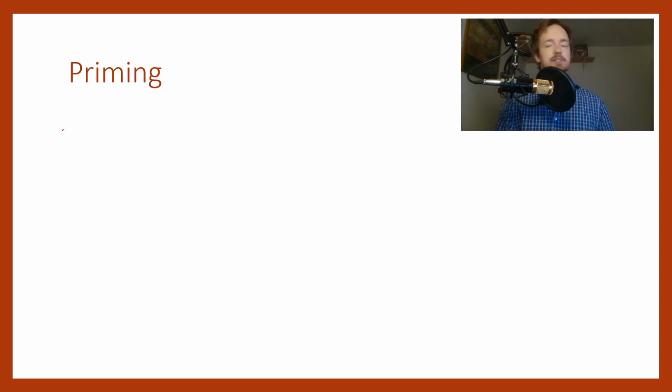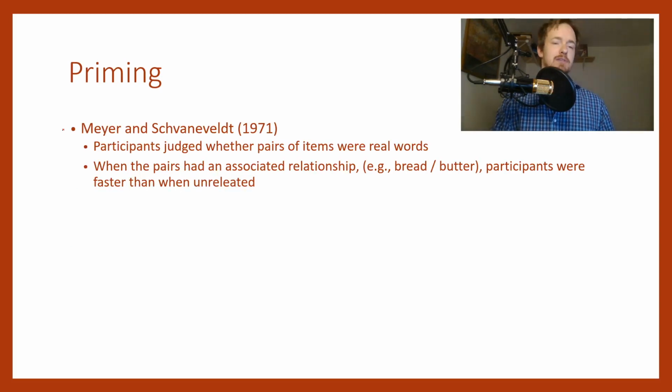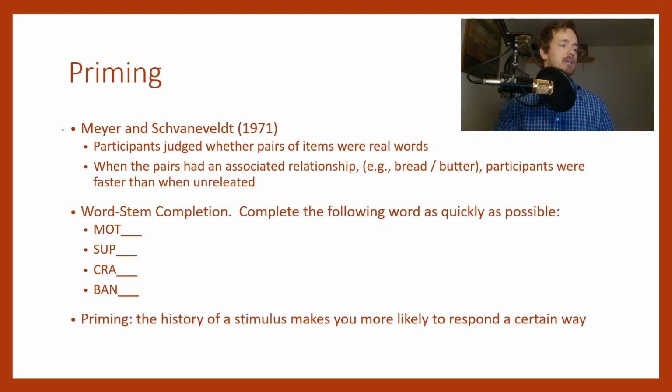All right, so where we left off last chapter, we were talking about priming, and I mentioned how priming was a way in which a previous stimulus influences the way that you respond to something right now. So the example that we gave here was whenever you're being asked, are these words real or not?